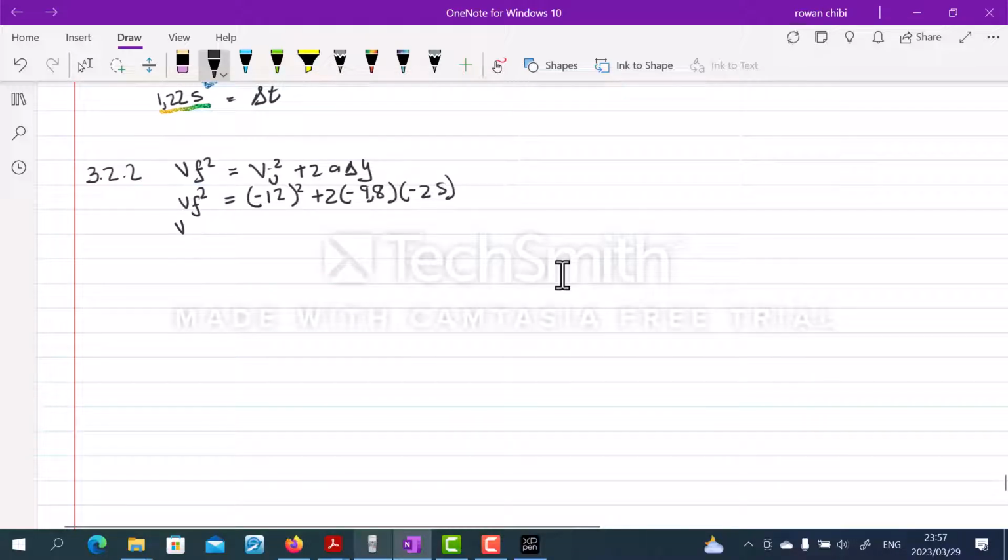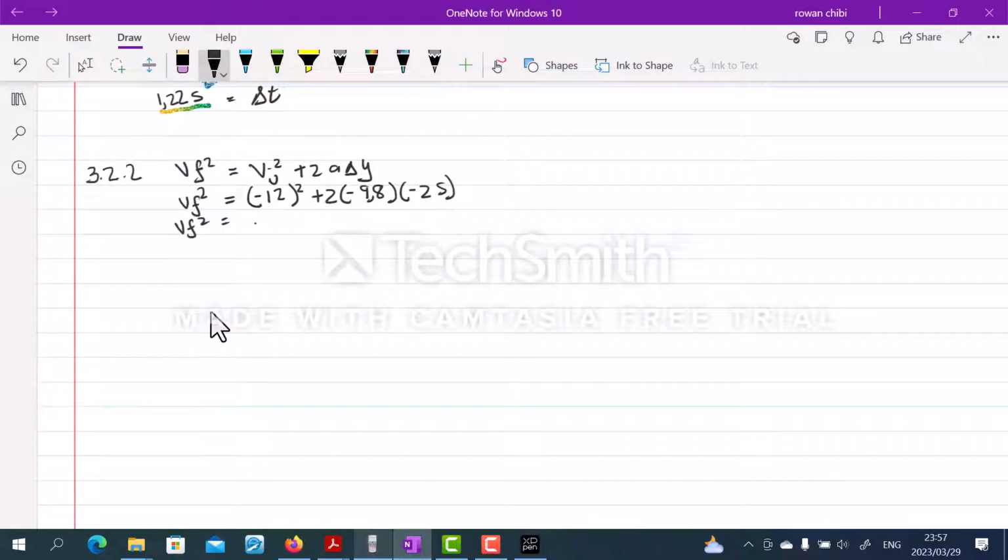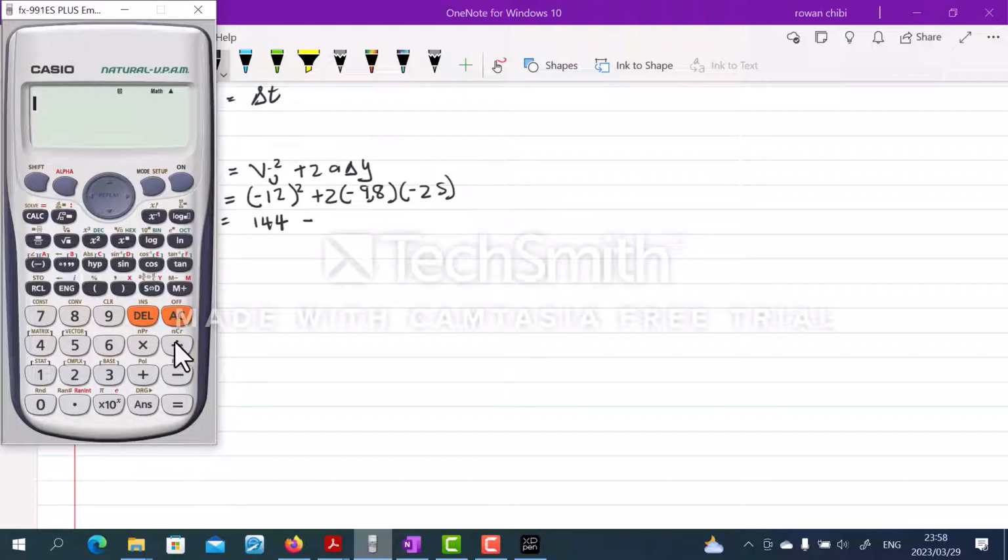So let us check now. v final squared is equal to 12 squared, which is 144, a positive 144. Then 2 times 9,8 times 25 is 490.